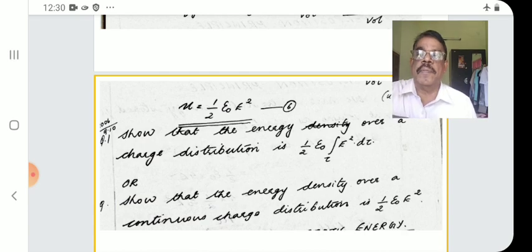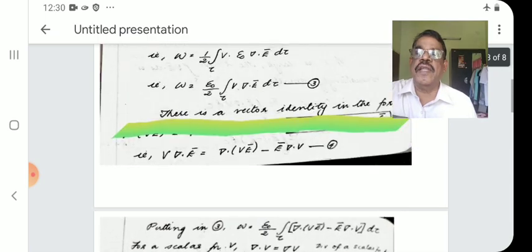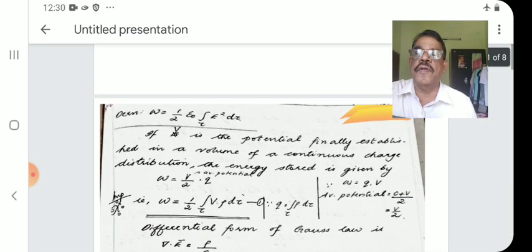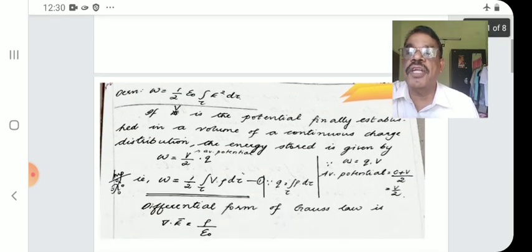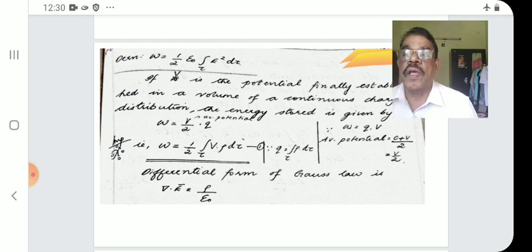The matter is very easy. You remember, we start with an energy equation, W equation, that is W is half volume integral V rho dτ. And finally we reach an equation with the E. Both are work equations, energy equations.